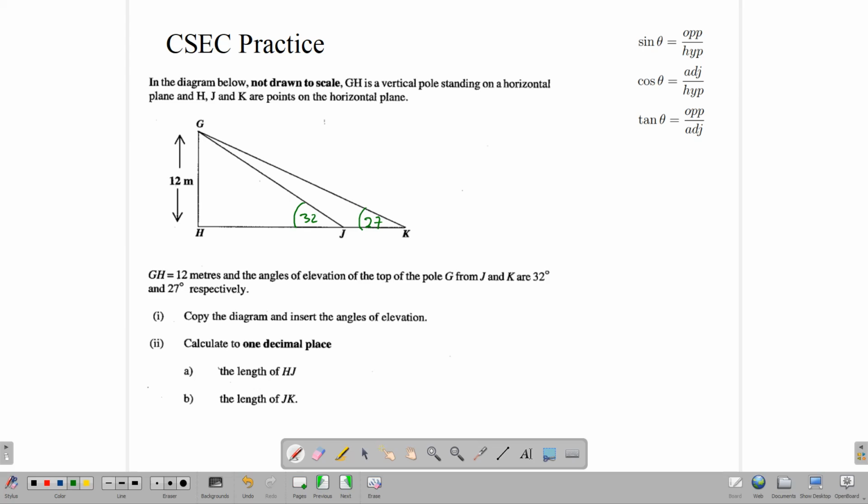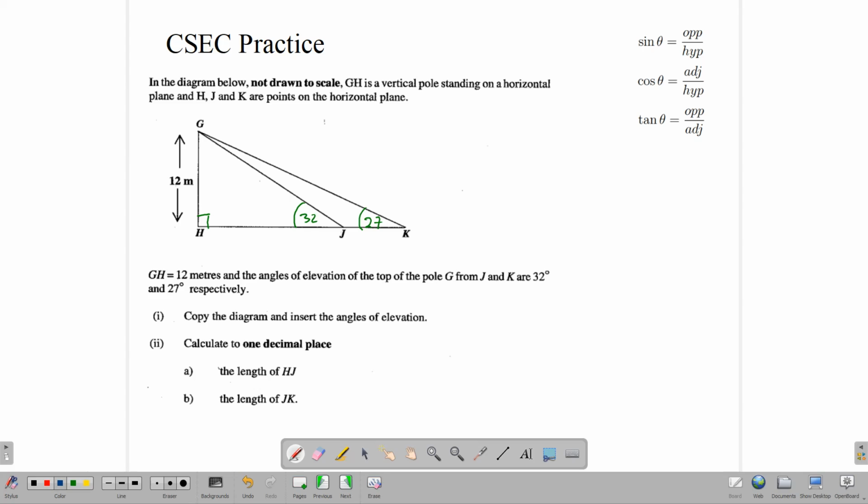And so we have put in our diagrams the angles of elevation, and let's put in our right angle here because this is a horizontal plane and that's a vertical line, so you have a right angle there. And we are to calculate the length of HJ. Now where is HJ? HJ is the base of this triangle right here.